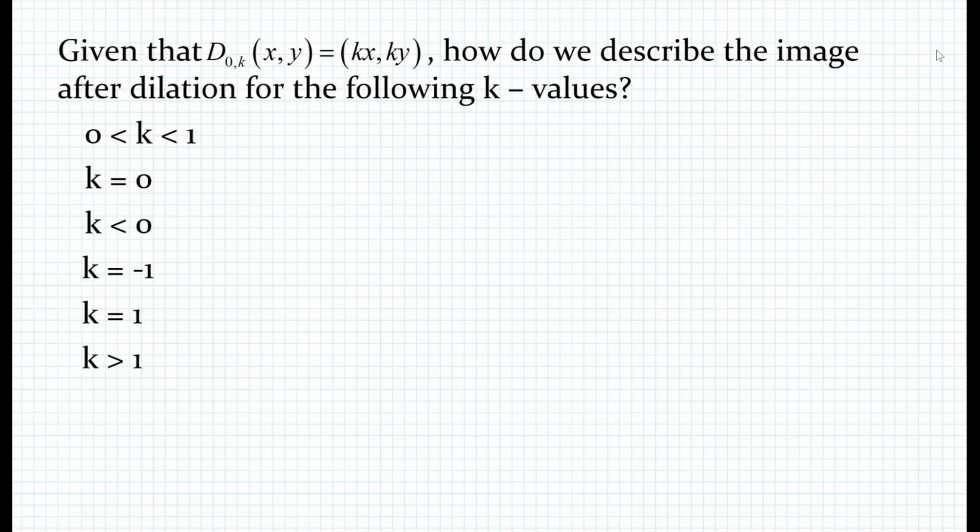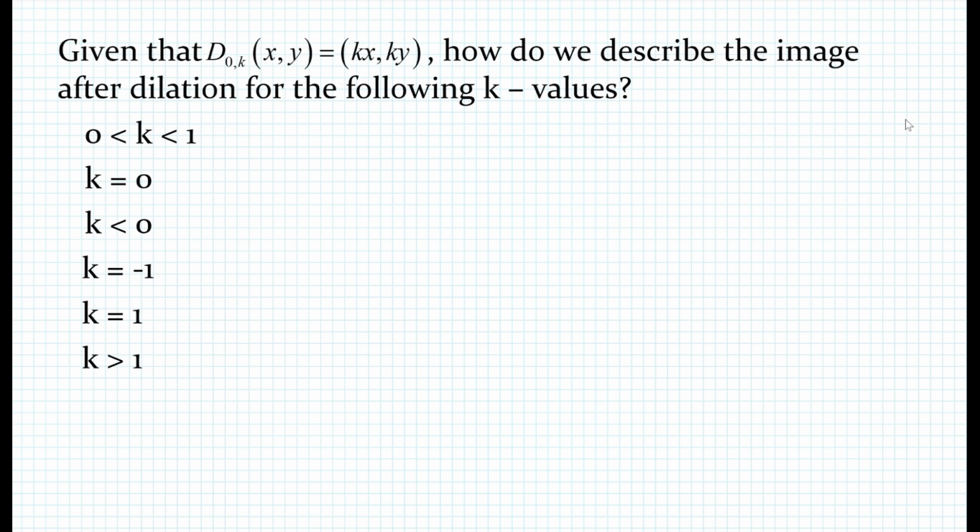So let's discuss the following question for more definitive ways for the K value. Here we have the dilation. Let's describe the image after the dilation for the following K values. For example, what happens when the K value is between 0 and 1? Well, you can expect here that the points will have smaller coordinates, but not really 0.